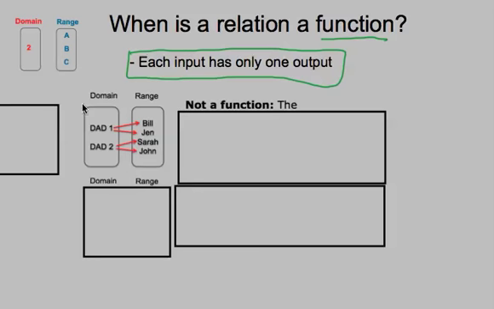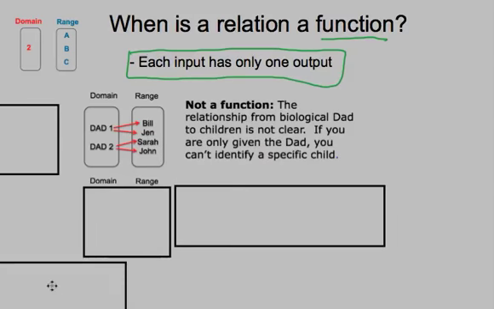No, because if I start talking about dad 1, it leads me to 2 possible results, Bill and Jen. So this is not a function because for one input, dad 1, I have 2 possible outcomes. It's not clear. I can't identify the specific child. Same thing for dad 2.